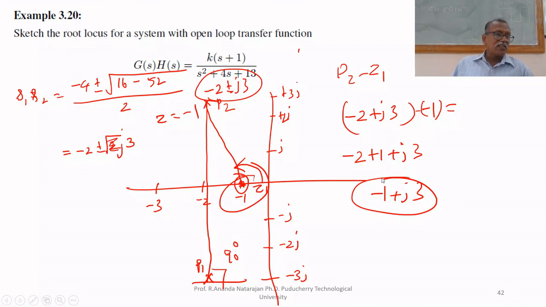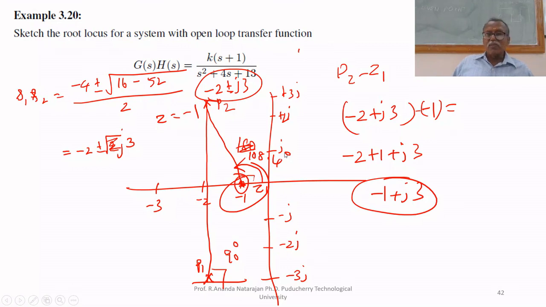Find the angle: 108.4 degrees. You can directly find that angle. Take the test point minus the other pole, then enter it in the polar to rectangular conversion and you will get the angle immediately.